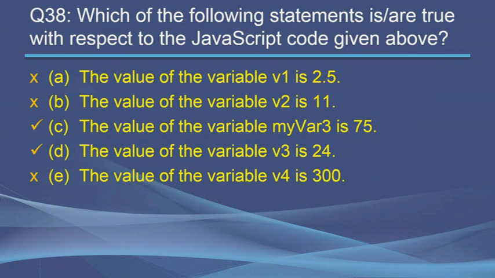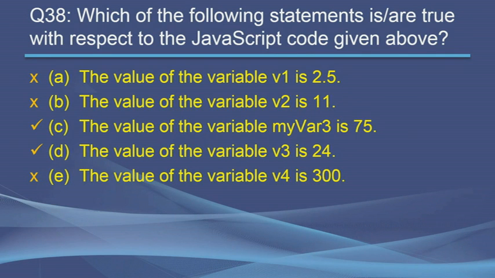The value of my variable 3 is 75, which is correct because you are adding 25 to 50 and assigning it to the same variable that previously had the 50 value. So now you have 75 in it. The value of variable 3 is 24, because before assigning you are subtracting an amount of 1 from the variable, so you are going to have 24 instead of 25.